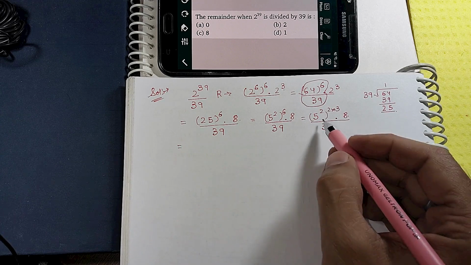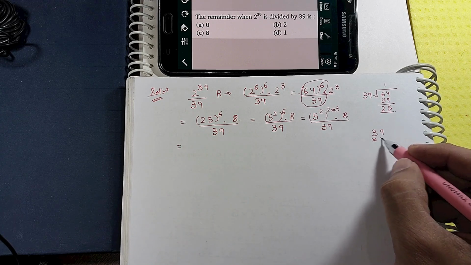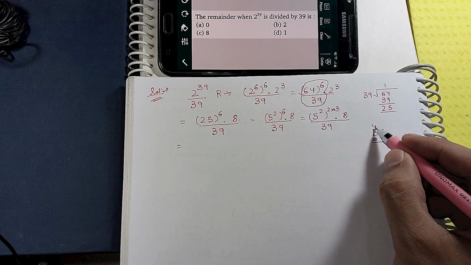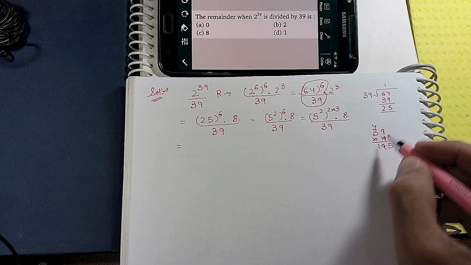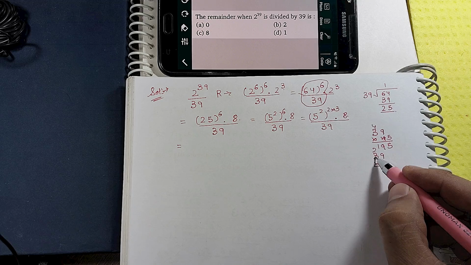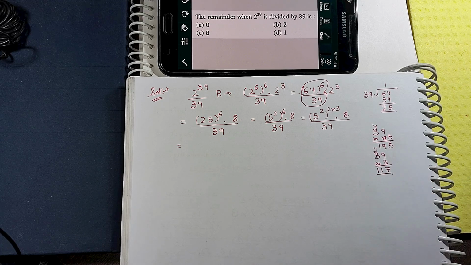Now my purpose is to find a multiple of 39 close to the numerator. 39 multiplied by 5 is 195, and 39 into 3 is 117.